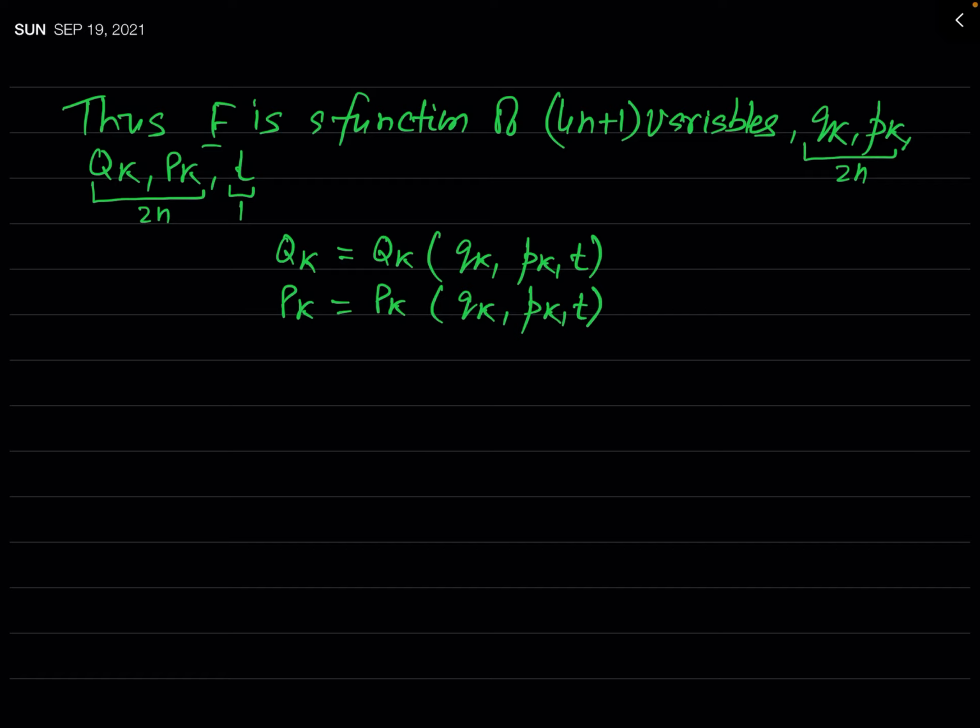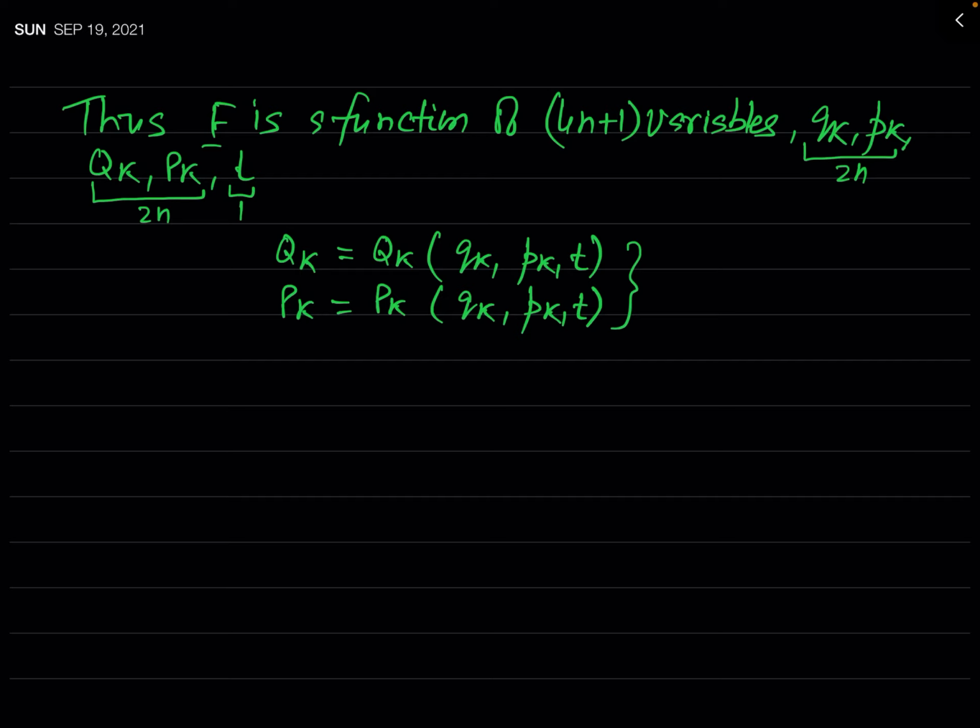You know, these are the transformation equations. So observing these transformation equations, you can see that out of these 4n variables, only 2n variables will be independent, and the time variable will remain same.